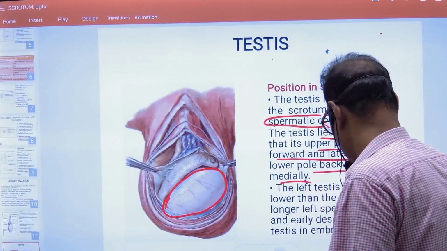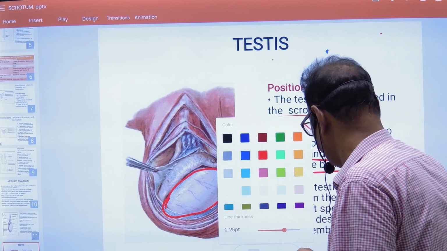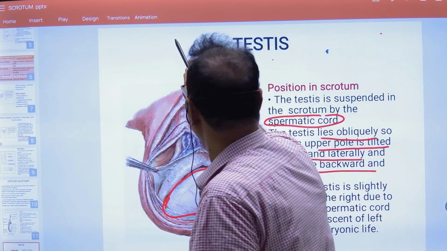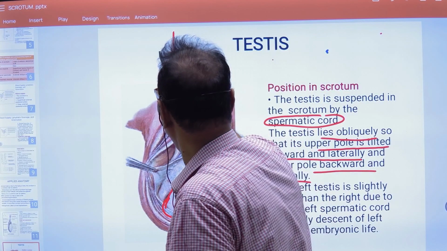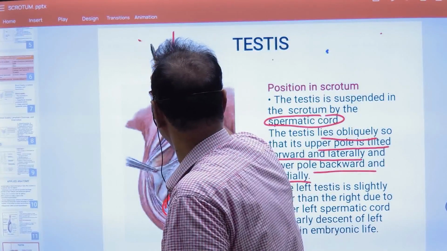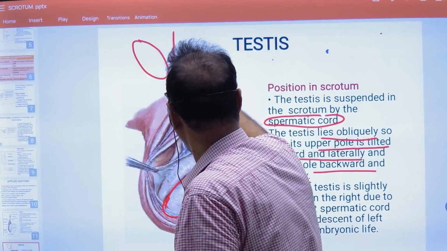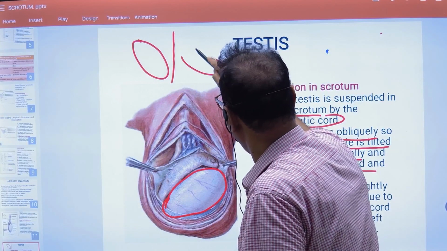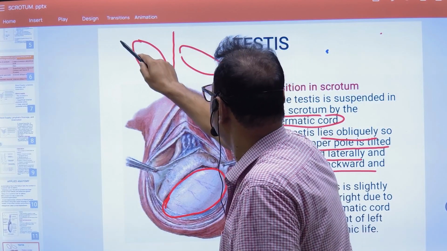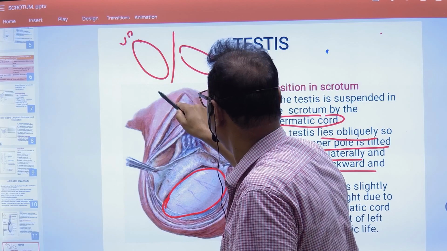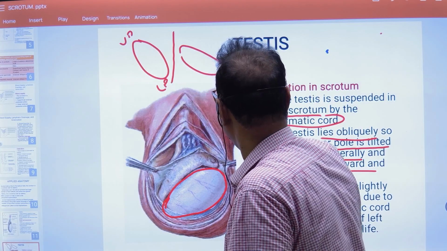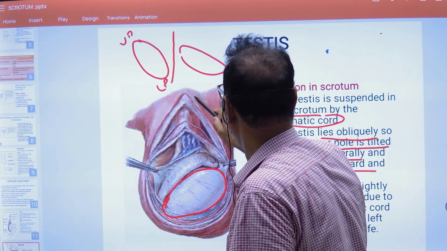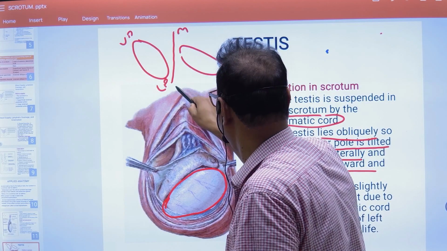Now the diagram of the testis in the cavity. So this is the central line. We have got one testis over here, and another testis over here. This is upper pole, this is lower pole. This is median and this is lateral.